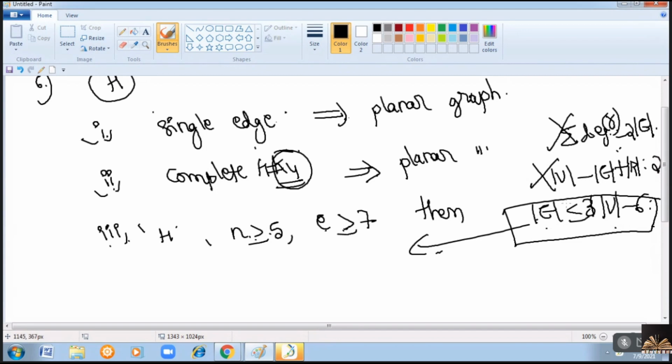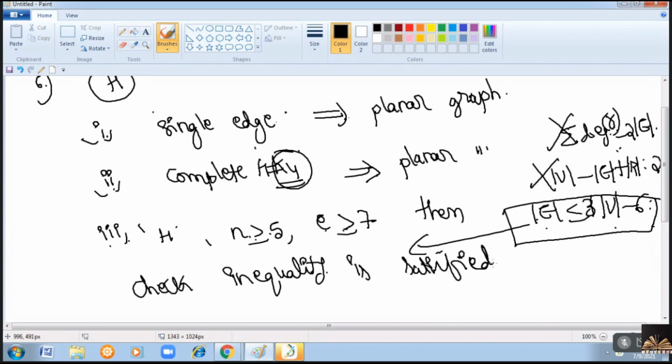This inequality is satisfied or not. Check whether the inequality is satisfied or not. If yes, the graph is planar. If not, the graph is not planar graph. Check for the inequality. Is it clear, ma'am?